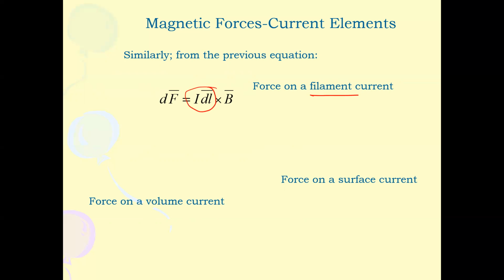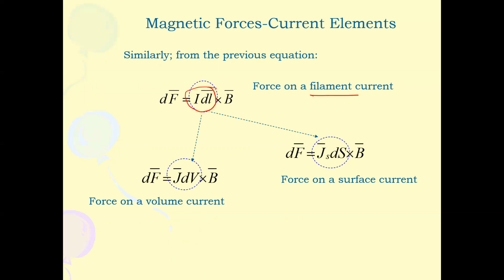We can also obtain the force on a surface current by simply changing the I dl vector into the K vector dS. Similarly, we can calculate the force on the volume current by simply substituting the I dl vector with J vector dv, which is the element for the volume current.